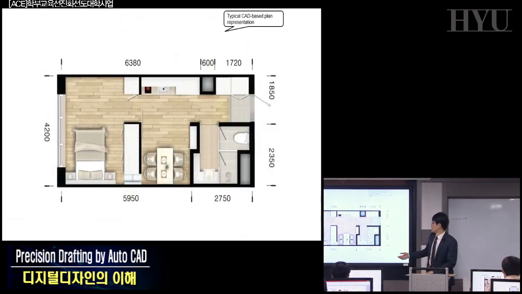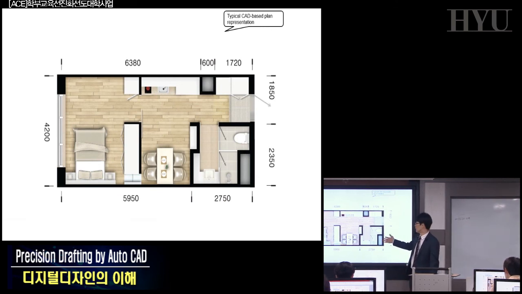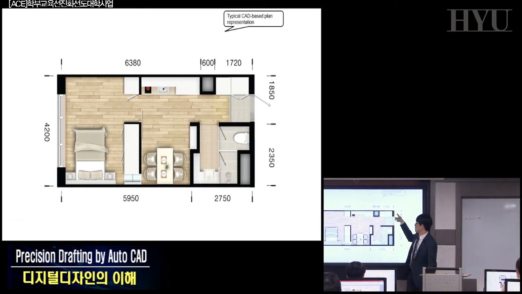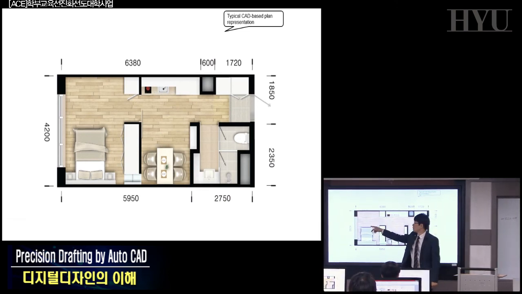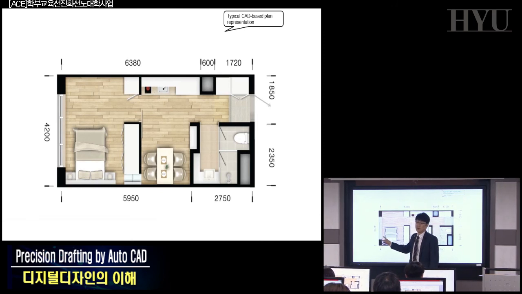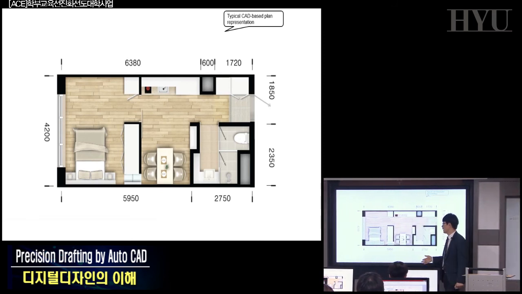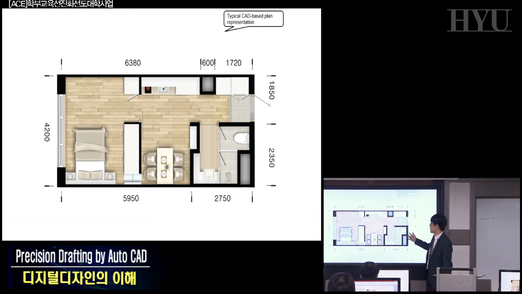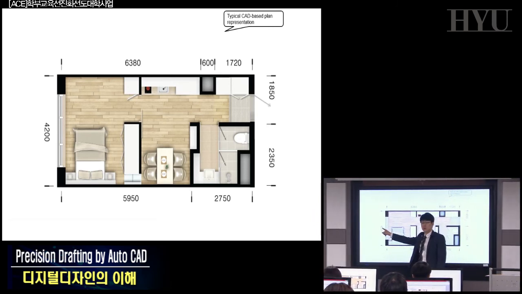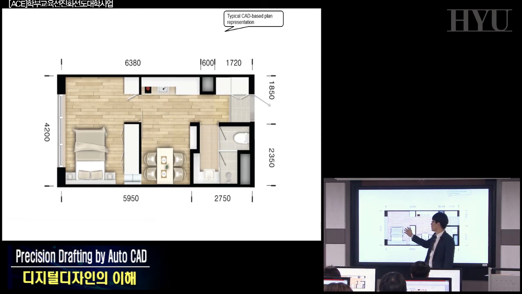Even in this very simplified, so-called one-room office tile, this one has very precisely represented numbers, okay? The width of this entire plan, the depth of the space, is going to be 4.2 meter, and so on.